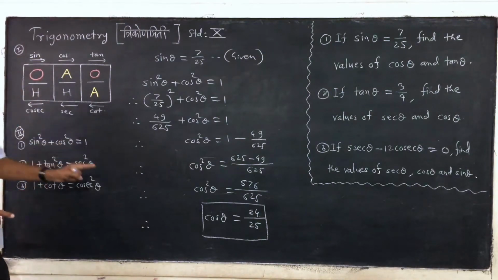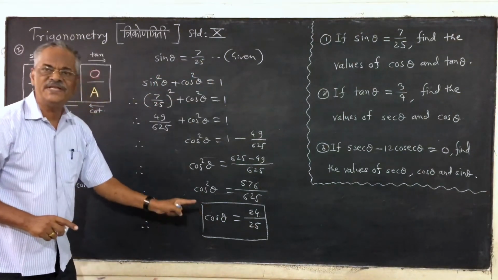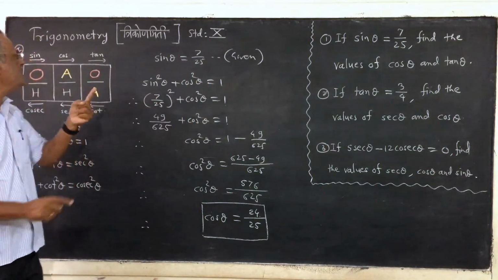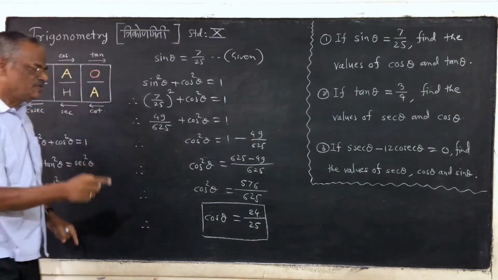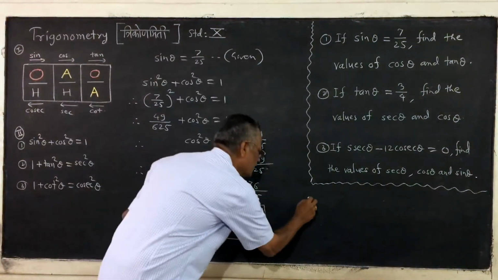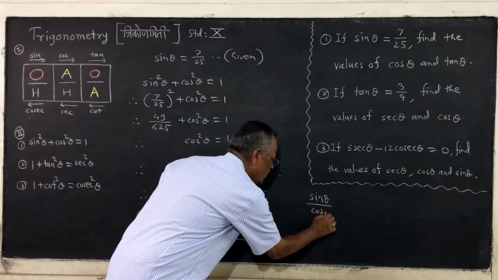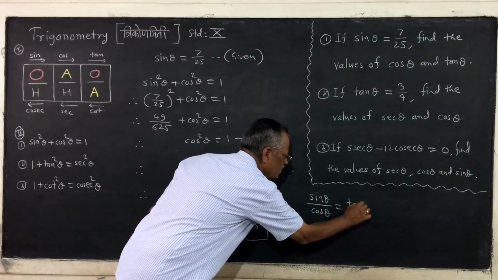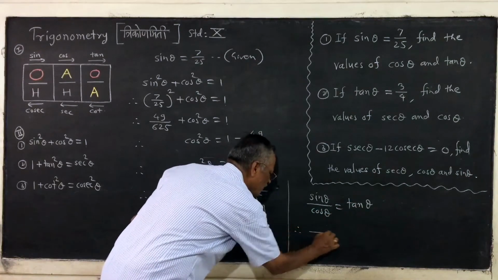So we know that sin theta is already given, cos theta is already found. So we can calculate definitely tan theta. Sin theta upon cos theta is equal to tan theta. So use that identity. Now you can substitute the proper values.